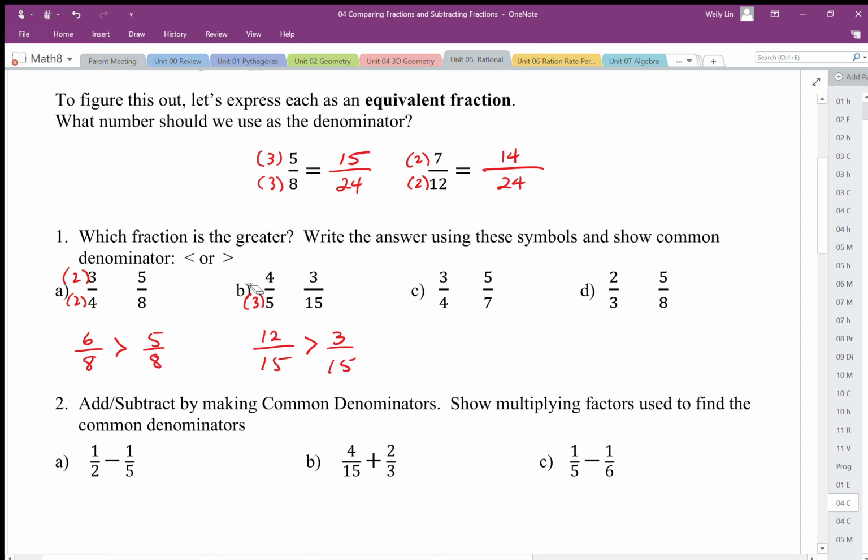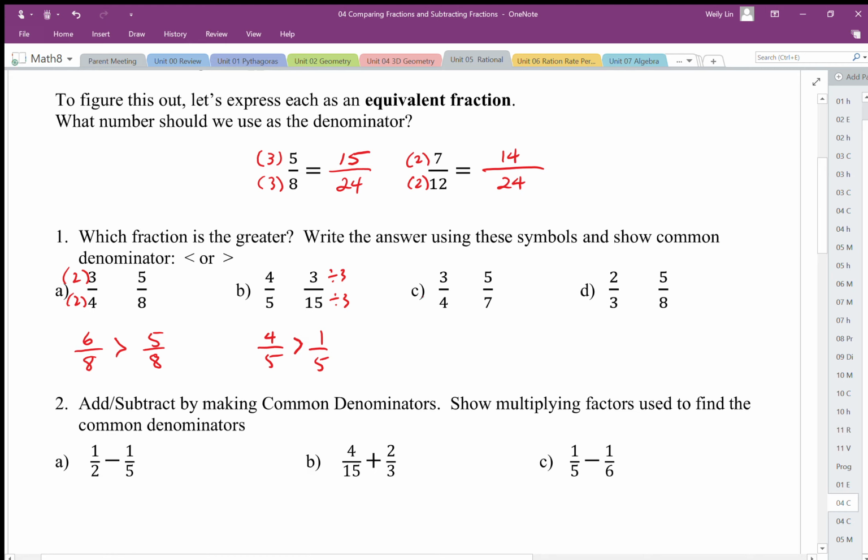Instead of multiplying to get a common denominator, we can simplify this fraction. Since we have a common factor of 3, I can divide by 3, and I can see that 1/5 is definitely smaller than 4/5. We can get a common denominator by dividing, but typically it's easier to multiply to get a common denominator.